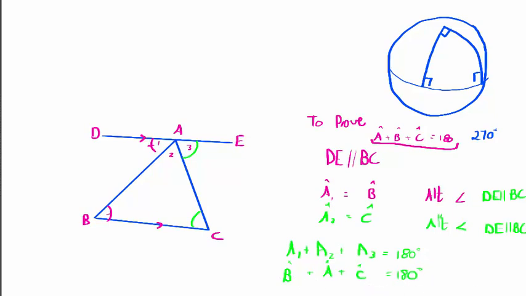See, very simple proof. Okay? But you use two reasons in this. So for example, why is A1 plus A2 plus A3 equal to 180 degrees?